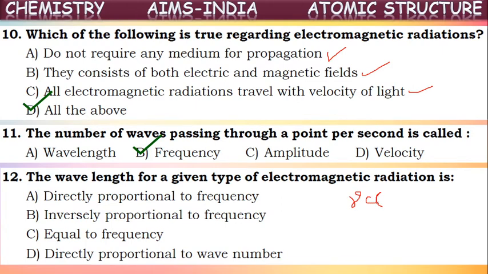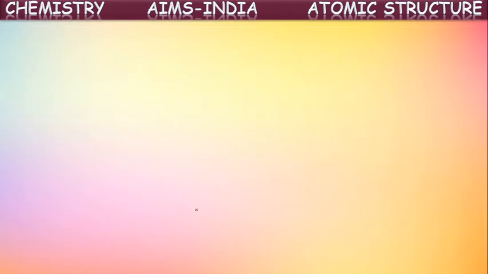That's why we write this relation: nu is directly proportional to 1 by lambda, or nu is equal to c by lambda. So from this we can say these two are inversely proportional to one another. So where is it? The second option. Wavelength is inversely proportional to frequency.